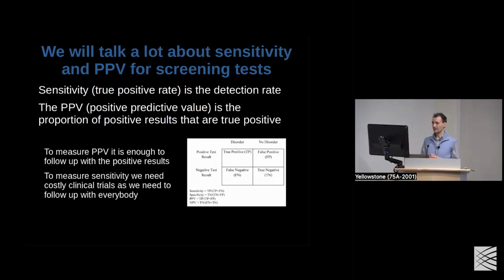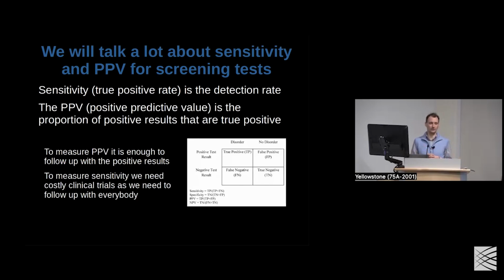PPV. As a side note, it's important to understand that PPV is easy to measure. Once you design a screening test, you just follow up with everybody that got a positive result and check whether that was really the case. Sensitivity is a difficult measure to assess because you really have to follow up with everybody.